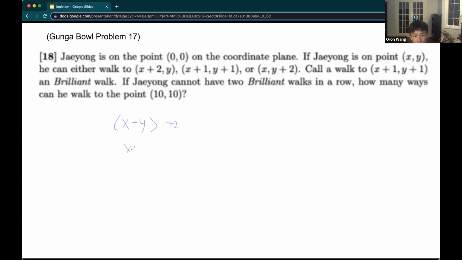For example, if you choose the first block, then x plus y becomes x plus 2 plus y, or x plus y plus 2, and it's still increasing by 2. Initially, we have x plus y equals 0, and then at the end, we have x plus y equals 20. Each move adds 2, so that means there's a total of 10 walks.